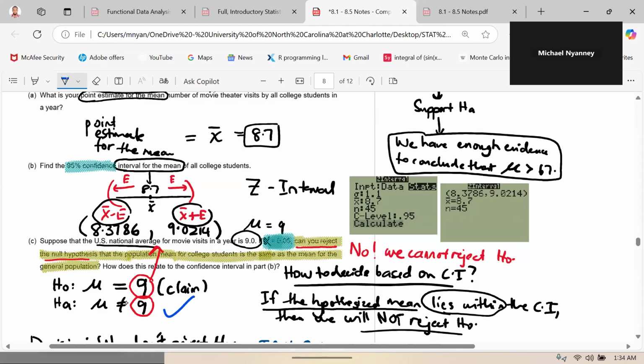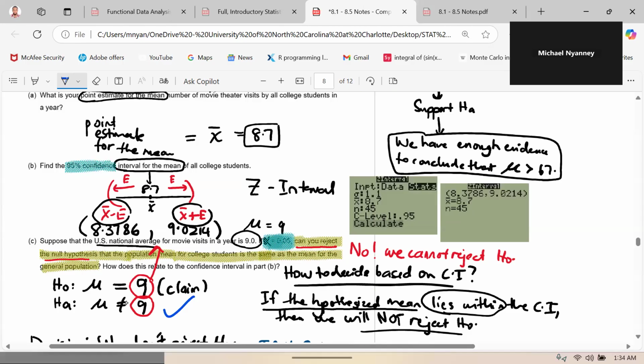So this is our hypothesis. But without testing, what we do is that if we find your mu within the confidence interval that you've created, then do not reject the null hypothesis. This is a way of also making a decision. You can find a confidence interval based on the information that you have.